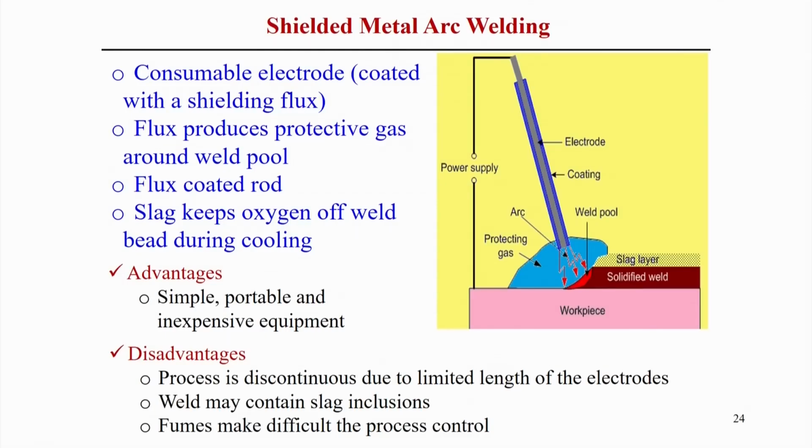Second, the weld metal may have slag inclusions, because during this high temperature phenomenon the molten metal may contain some amount of slag material that may remain within this zone. So, that is another disadvantage.